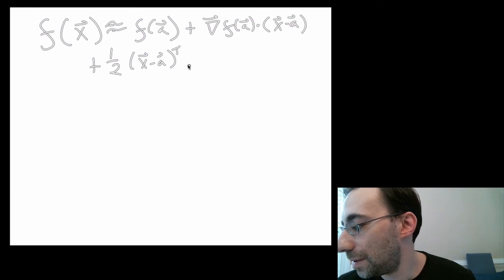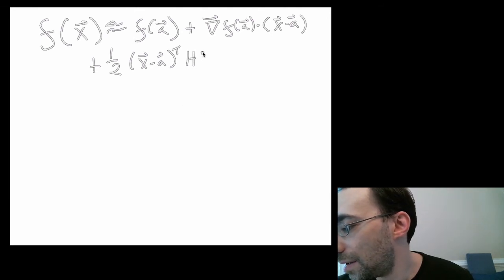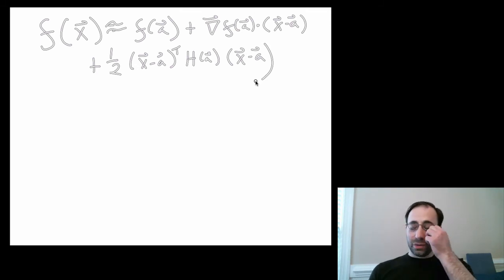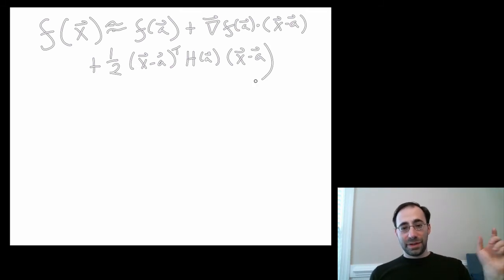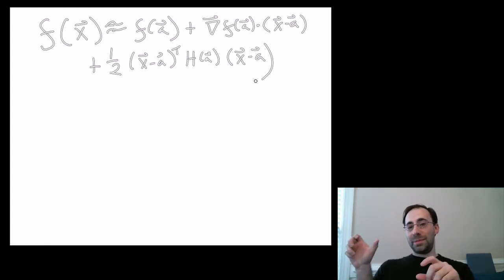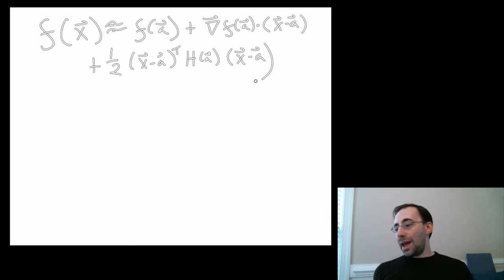Transpose of those column vectors times the Hessian evaluated at A times the column vector here. And this thing gives you this row vector times the square matrix, which is always square, the Hessian's always square, times the column vector will give you a scalar. And this gives you a closer approximation to the function before.